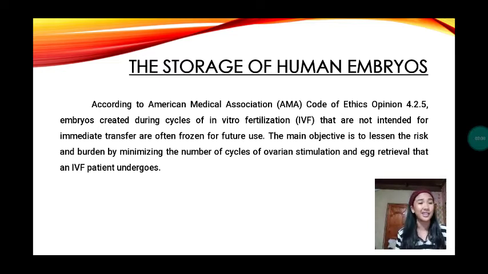The main objective is to lessen the risk and burden by minimizing the number of cycles of ovarian stimulation and egg retrieval that an IVF patient undergoes.